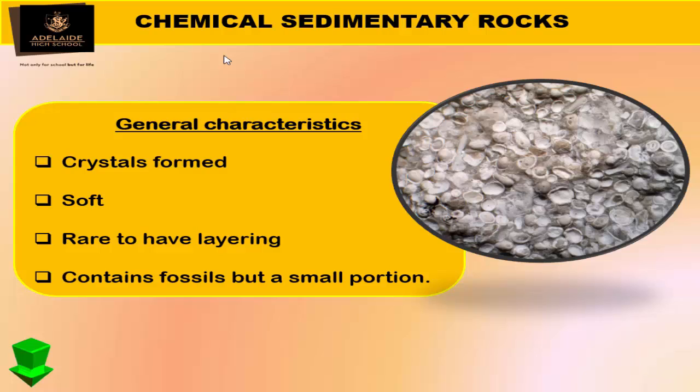All right, we don't see layering in chemical. The only way we can see and differentiate chemical is either we have the fossils here, which is the last point, but it's only a small portion. This here, you can see it is in an abundance, and the reason is because it's just being enlarged by a microscope, enlarged by a zoom camera, whatever the geologists use to take this picture. All right, it's just an enlargement.